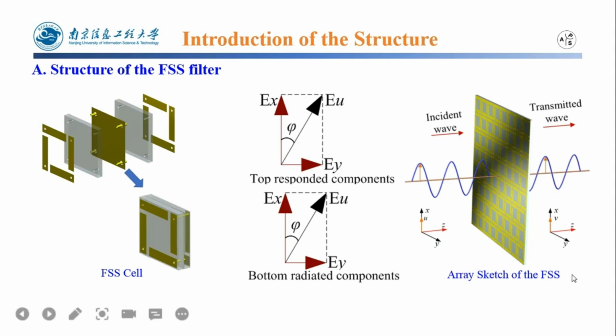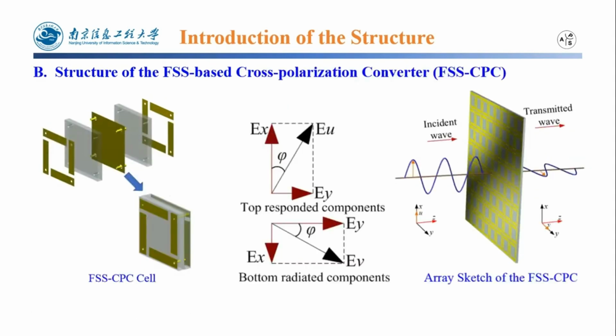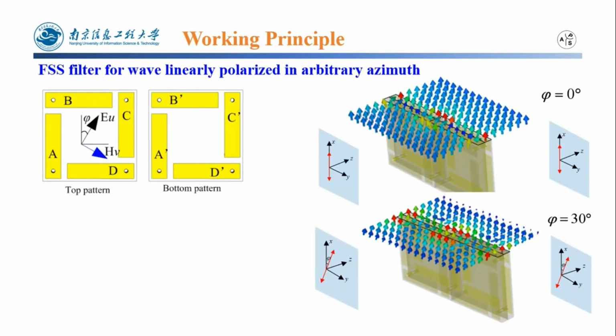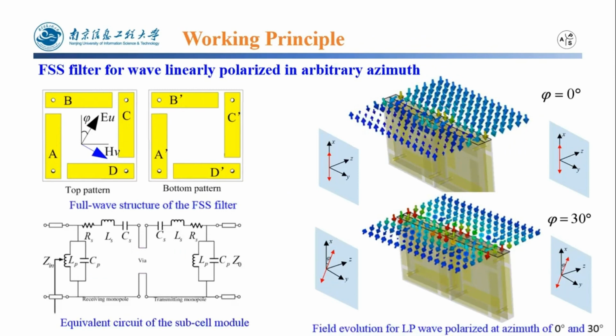Second, by rotating each subcell pattern on the bottom layer by 90 degrees, the FSS structure becomes a chiral structure in the longitudinal direction. In this case, the FSS structure makes the incident wave pass through and converts it into its cross-polarization state. The working principle can be explained as follows. A linear incident wave polarized at an arbitrary azimuth can be resolved into two orthogonal components.